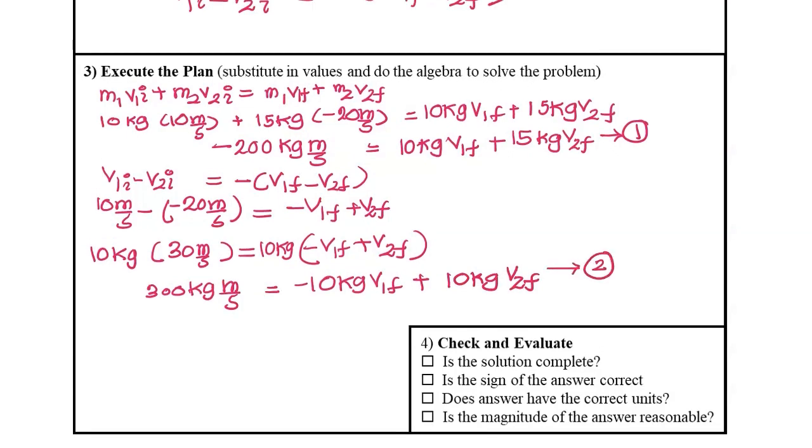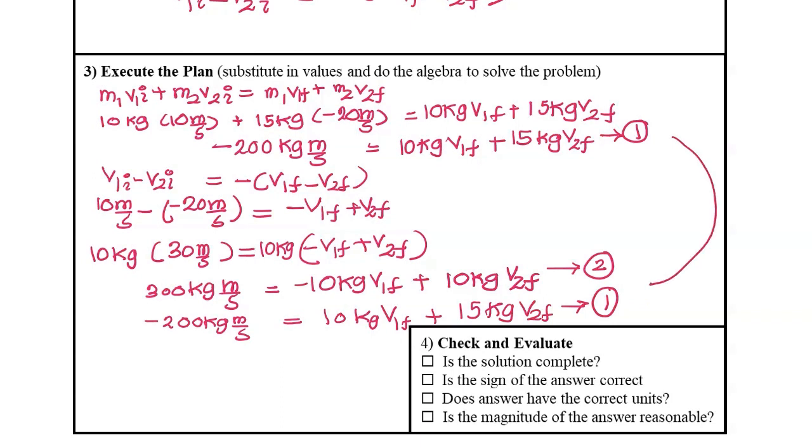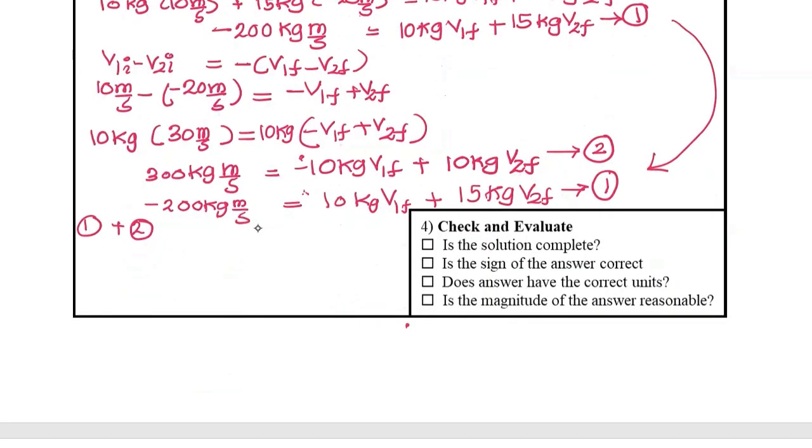And I'm going to copy down the first equation here. So you can see I have two equations with two unknowns. I multiplied by 10 kilograms earlier so that I can add the second equation and first equation together and cancel out the 10 kilogram V1 final term. So that was my plan.